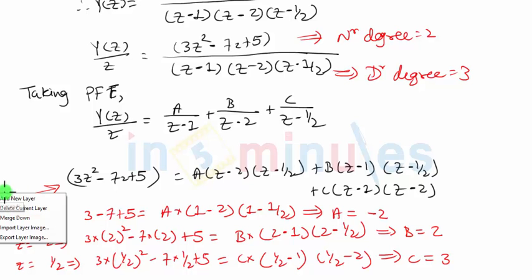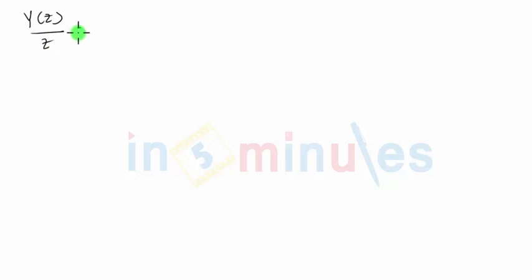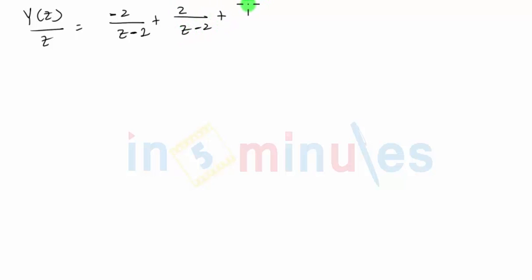So based on that, we have got the values of a, b, c. So I'll write down this expression once again. Y of z upon z will become minus 2 upon z minus 1 plus 2 upon z minus 2 plus c, which is 3 upon z minus half.